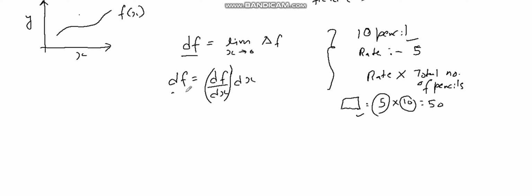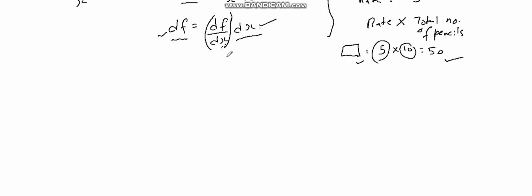In a similar way, the change in this function f can be given by the rate at which this function changes with respect to x, times how much x is changing. This idea actually comes from the basic mathematics that we learned in school. So we have to understand that df by dx is the rate at which the function f is changing with respect to x, times how much x has changed, and the multiplication of these two will give how the whole function is changing.